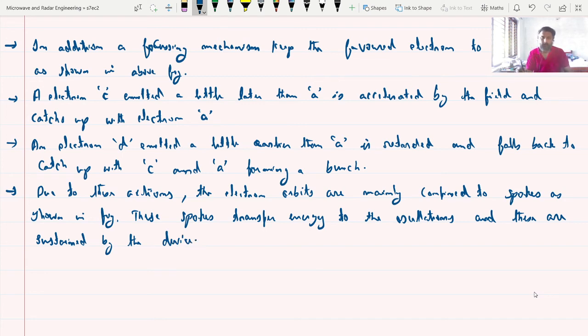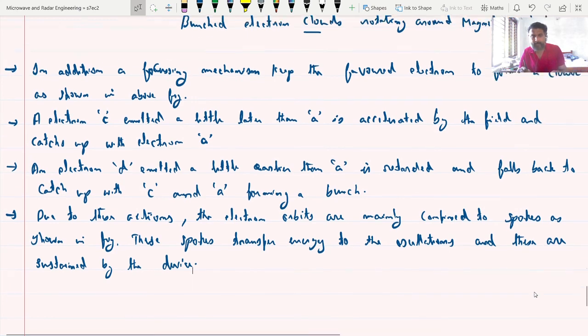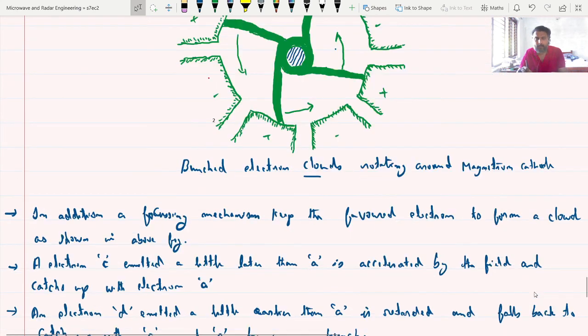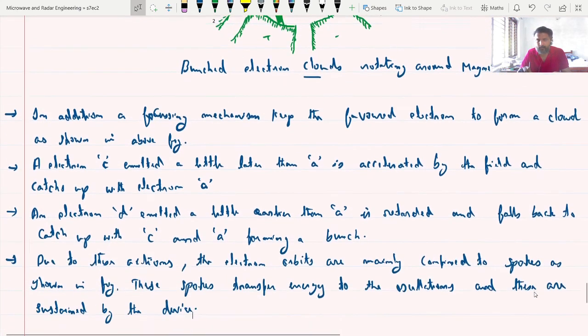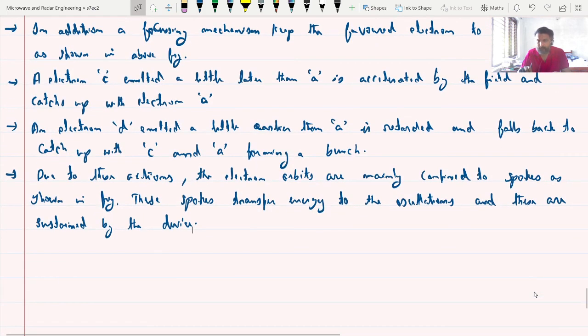Okay, so this is the operation, clearly I have explained here with all the points as well as the figure. Just verify, read it, it will be clear for you people.